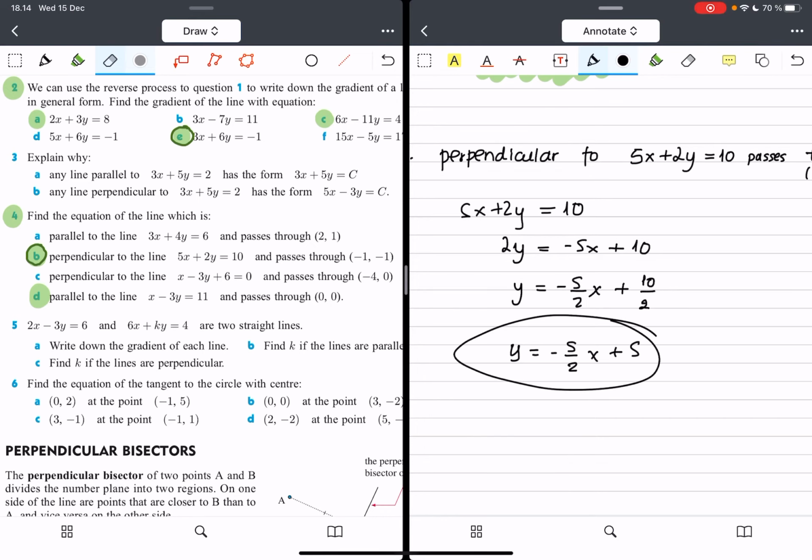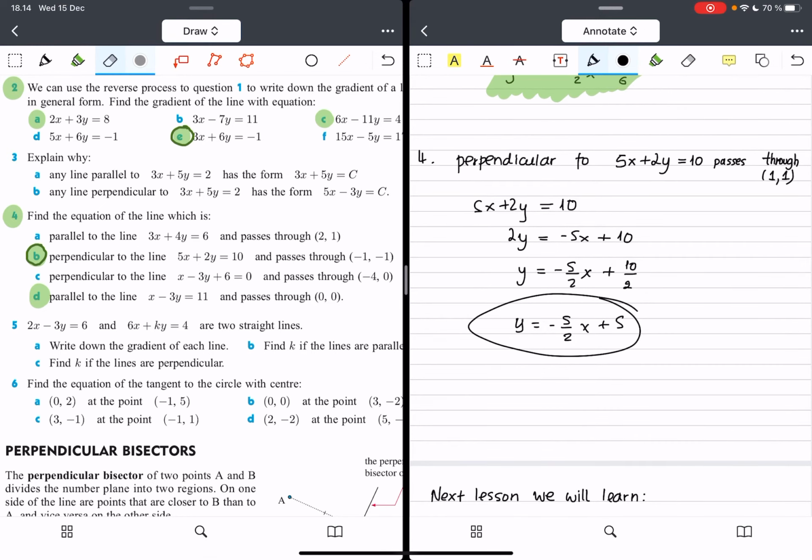Okay. So we need to find the equation of the line that is perpendicular to that one. Meaning that the gradient of the line that we are looking for is going to have the opposite sign to the slope of the previous one. Before it was minus, now it would be plus. And you have to flip the number. So 2/5.